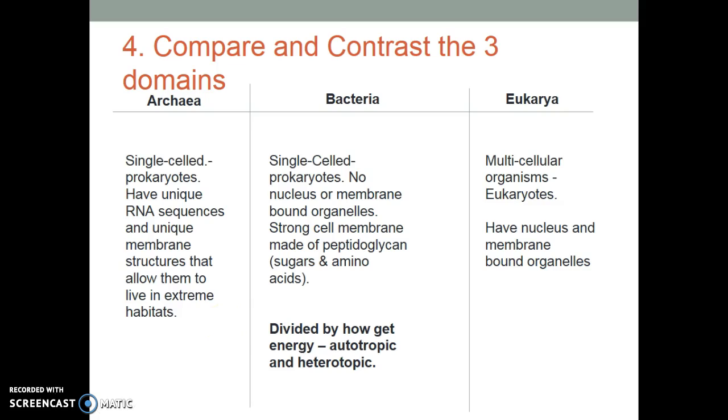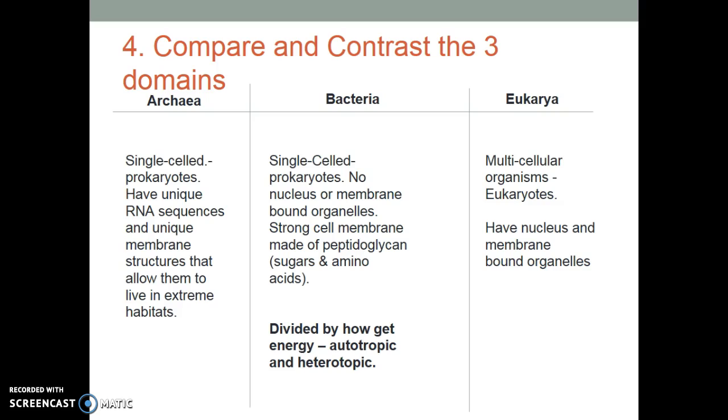Bacteria are also single-celled prokaryotes, with no nucleus and no membrane-bound organelles. They have a strong cell membrane made of peptidoglycan, which is a combination of sugars and amino acids. And these guys are divided into two different groups, the autotrophic group and the heterotrophic group. This is how they get their energy.